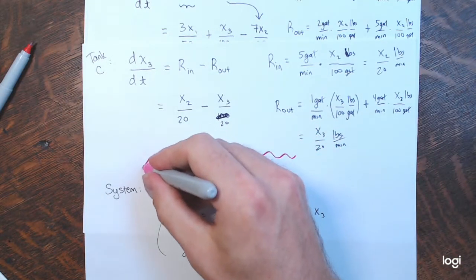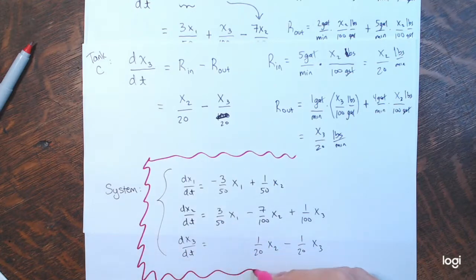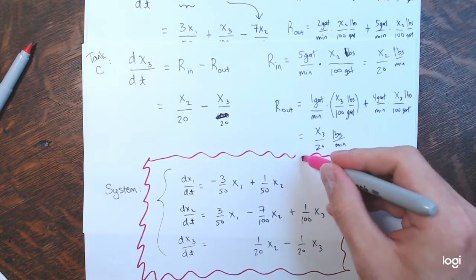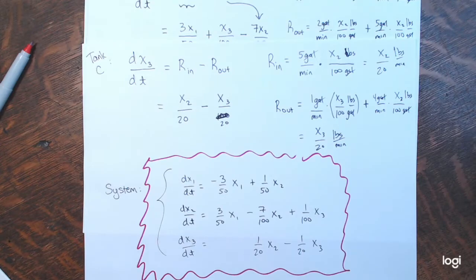In a later video, later section, I will go over how we would go about solving such a system. But for right now, all we are asked to do is set up a system of first order differential equations like this.